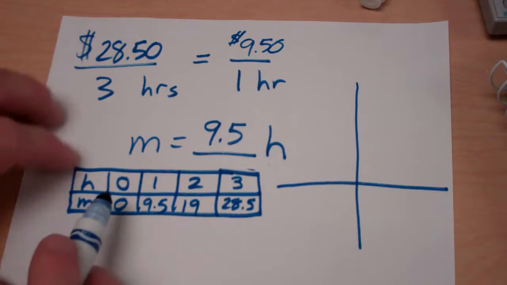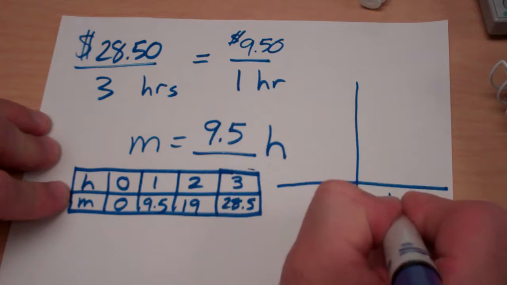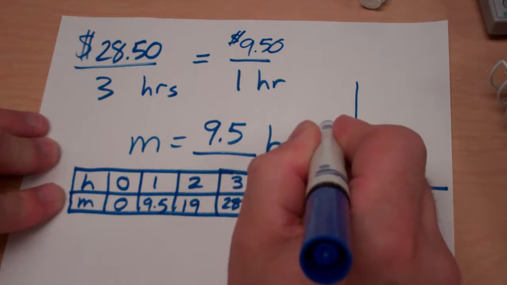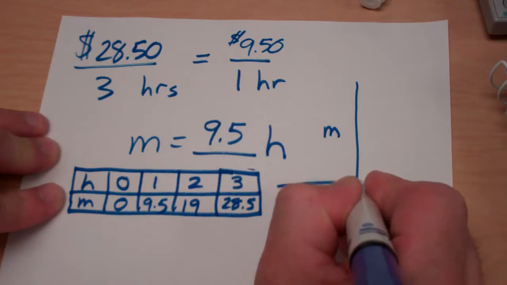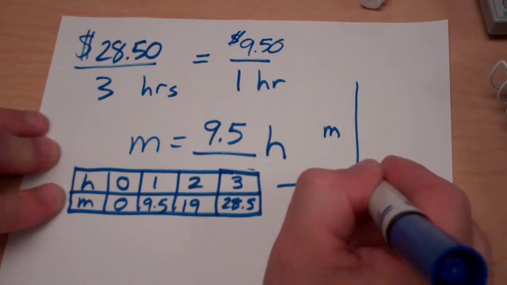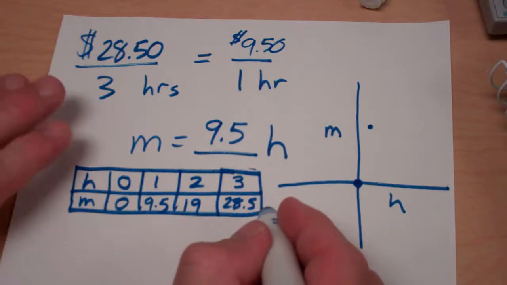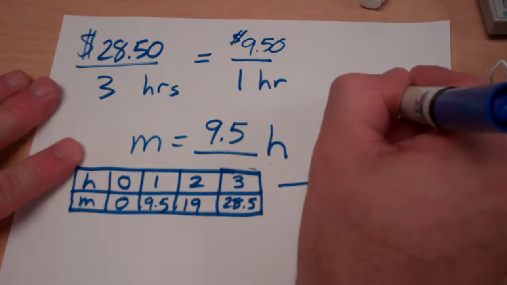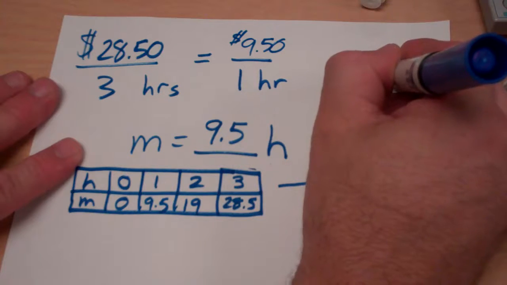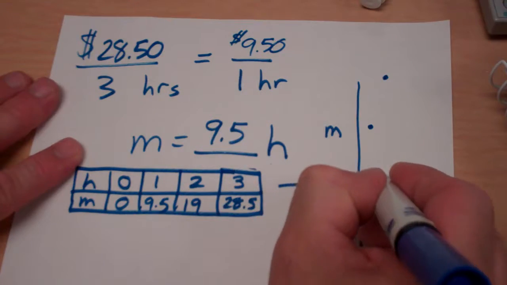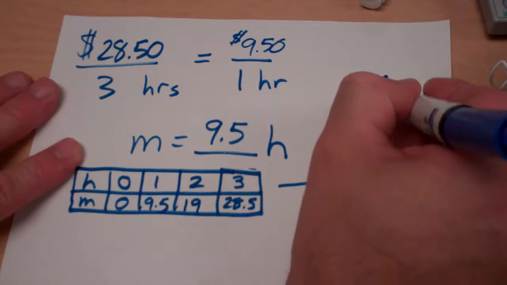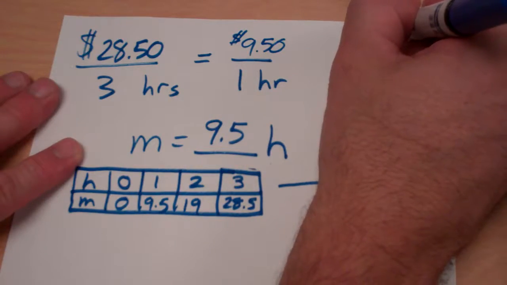All right, so let's take it into a graph idea. Let's plot these as points. 0 on the hours gets you 0 on the earnings. There's that point. 1 on the hours gets you 9.5 on the earnings. 2 on the hours gets you 19 on the earnings. 3 on the hours gets you 28.5 on the earnings.